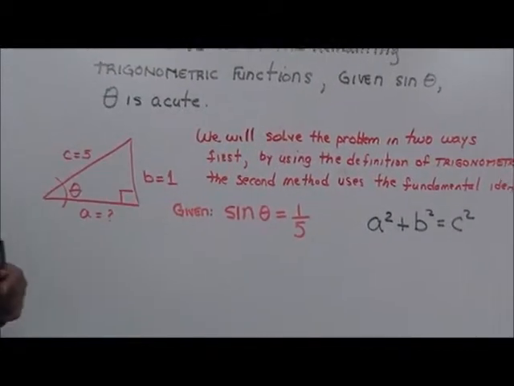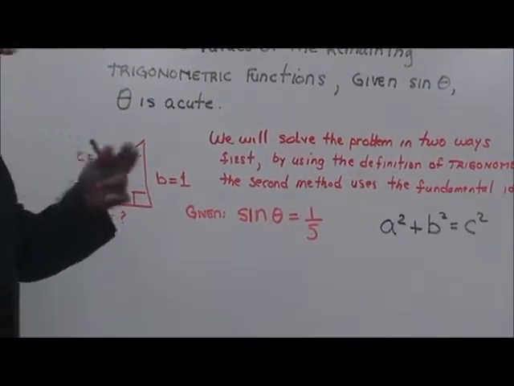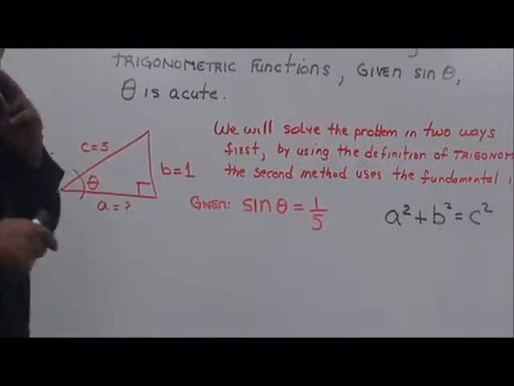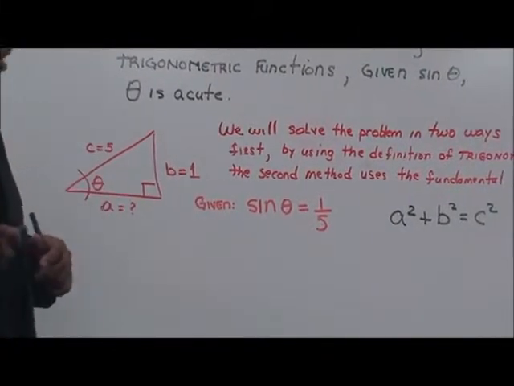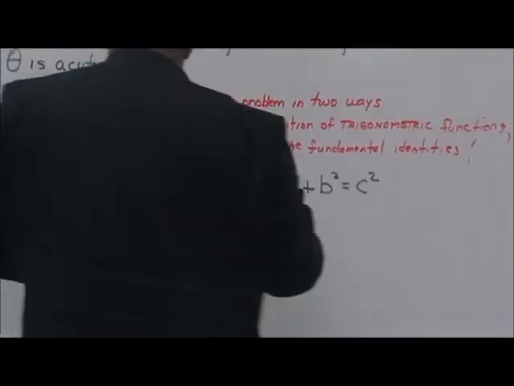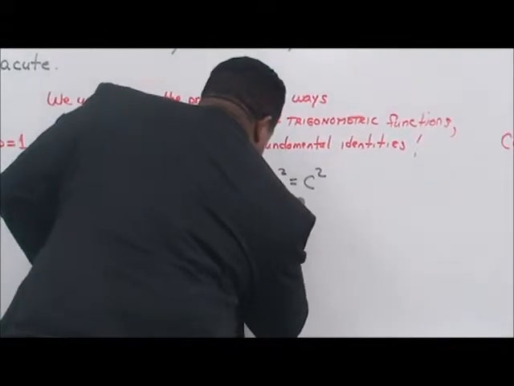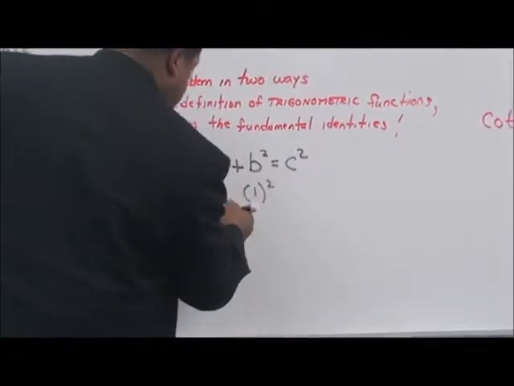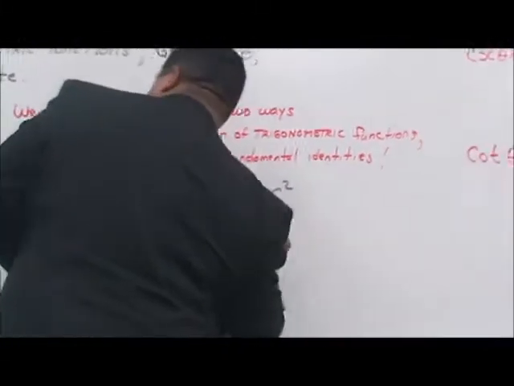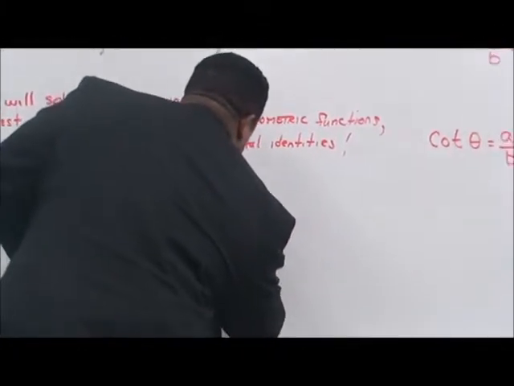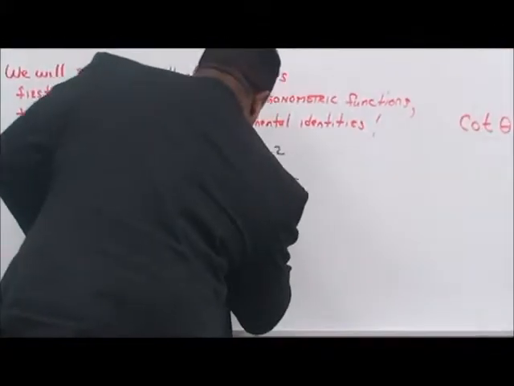A squared has to be isolated, but we still have to break it all the way down and get a value for A. So B is 1 squared, and C is 5 squared.